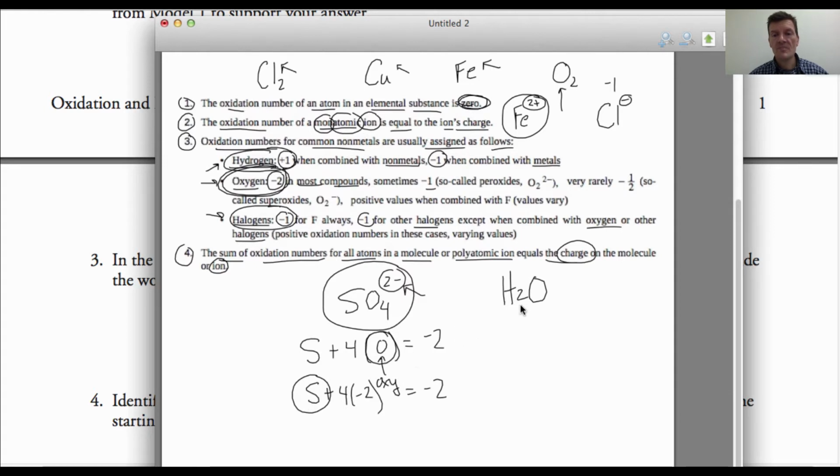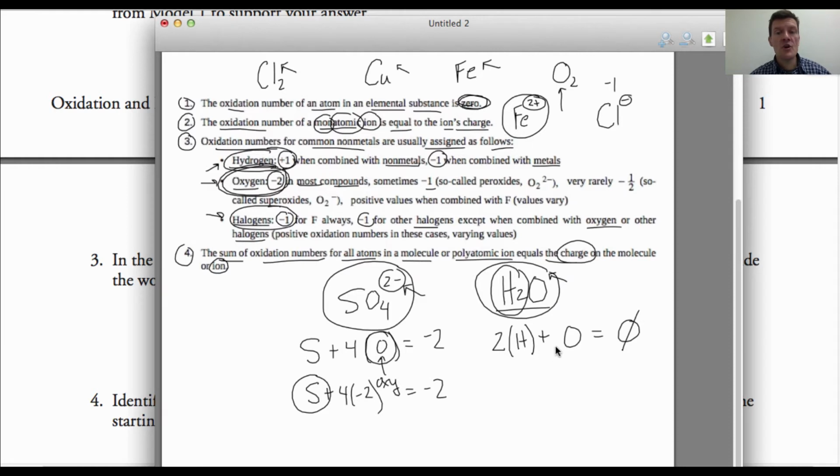Likewise, if you've got water over here, that means you've got 2 hydrogens, 2 times the oxidation number of hydrogen, plus the 1 oxygen has to add up to what? There's no charge on this water. It's a neutral compound, so it has to add up to 0.